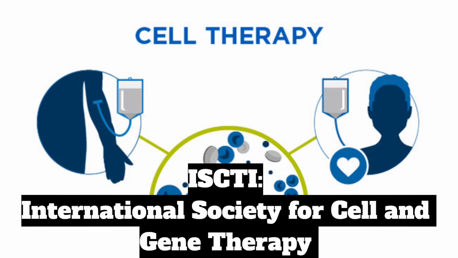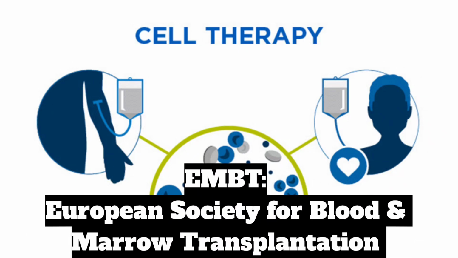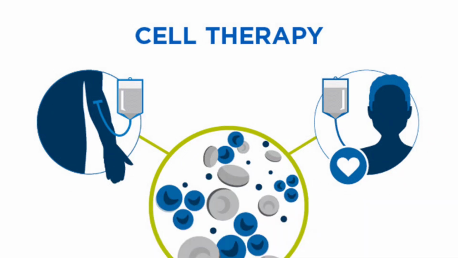International Society for Cell and Gene Therapy. We have EBMT, the European Society for Blood and Marrow Transplantation. There is a reason why I put this together, but I'm going to tell you all of them.